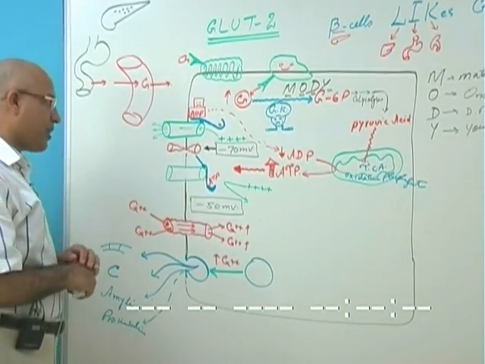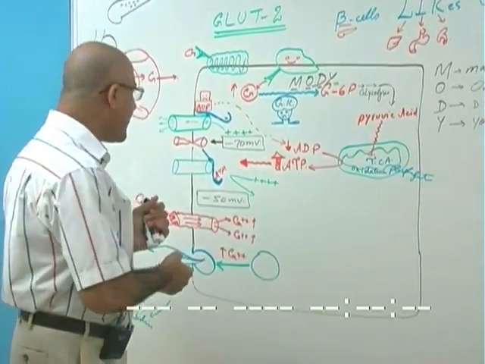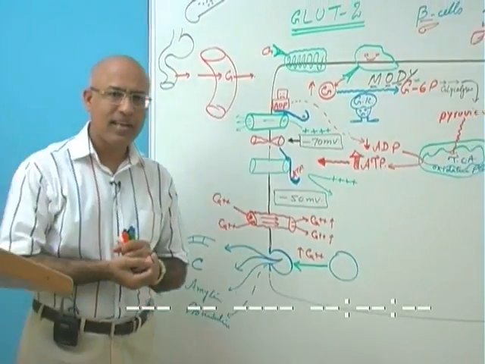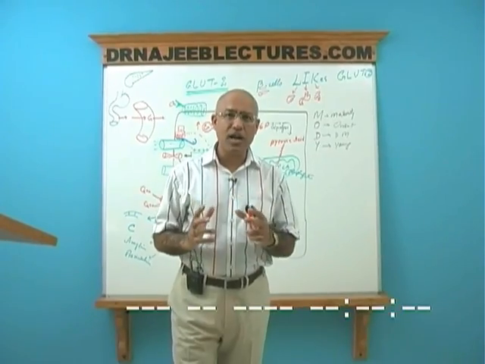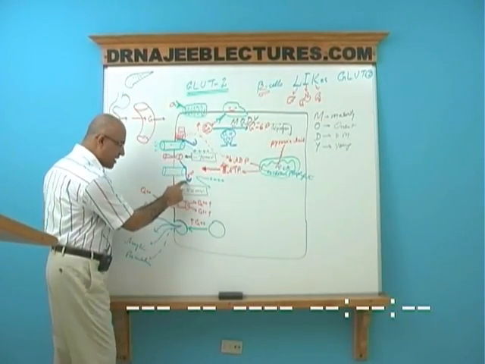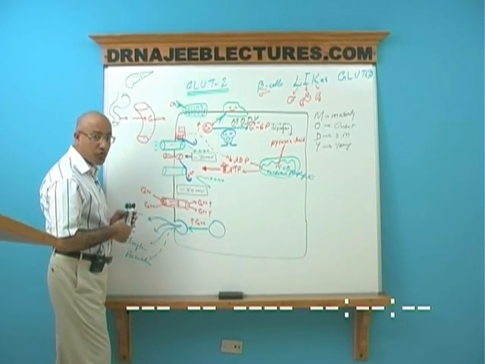Second clinical importance, another important thing. There are some drugs. Let's talk hypothetically. If we have a drug which can bind here and close the potassium channel, it will be a very useful drug.